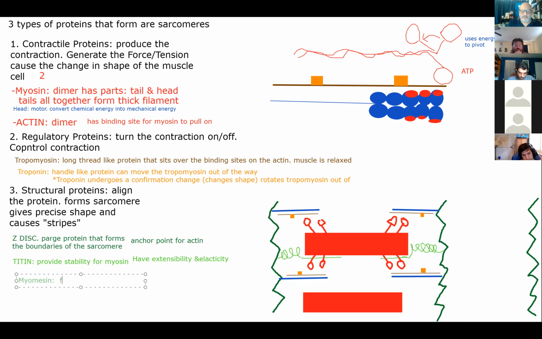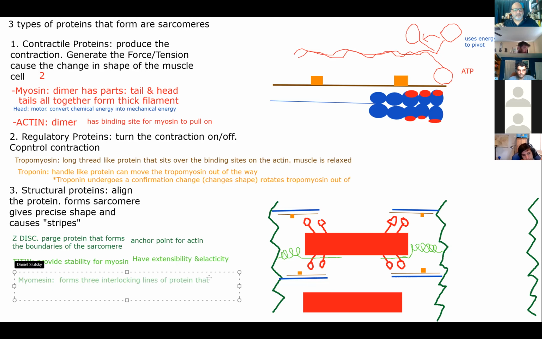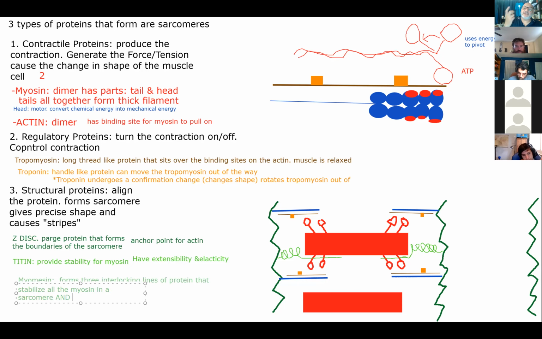Myomesin basically forms three interlocking lines of protein that don't just stabilize the myosin, but it stabilizes all the myosin in a sarcomere and connects it to the plasma membrane.